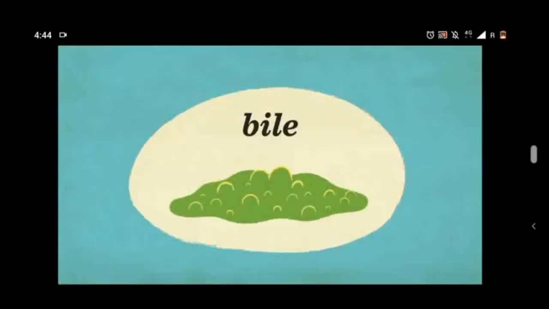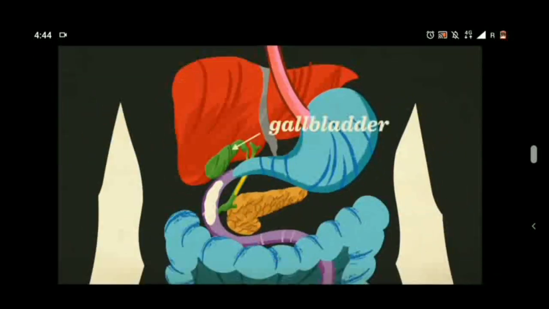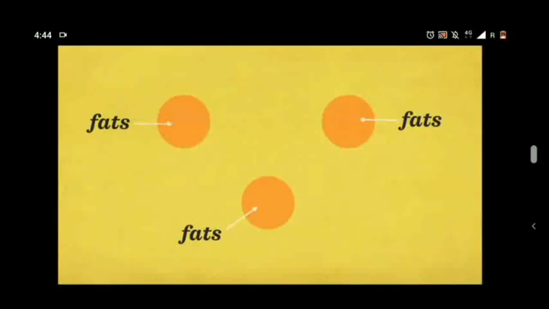After being in the stomach for 3 to 4 hours, the chyme now moves into the first part of our small intestine, duodenum. It receives the secretion of liver and pancreas in the duodenum, and the enzymes start their action in the duodenum.